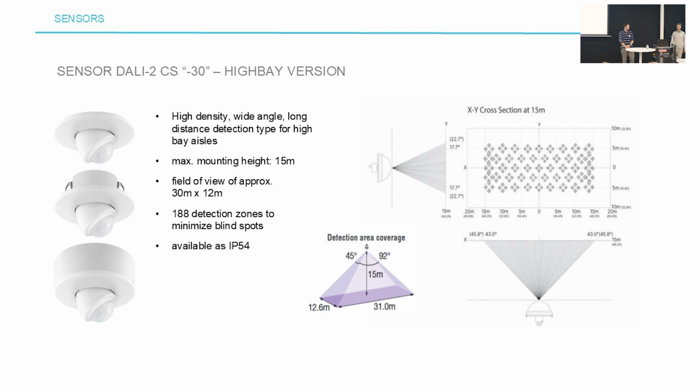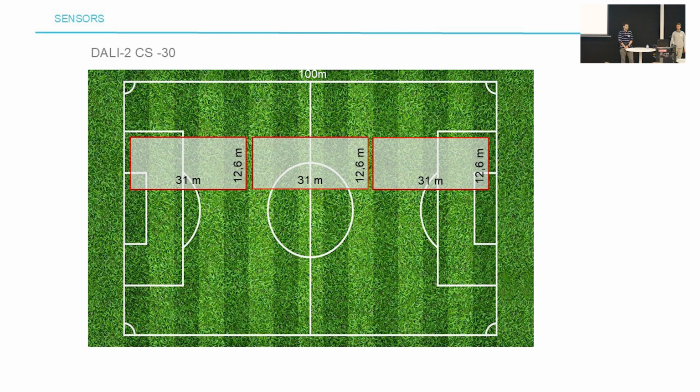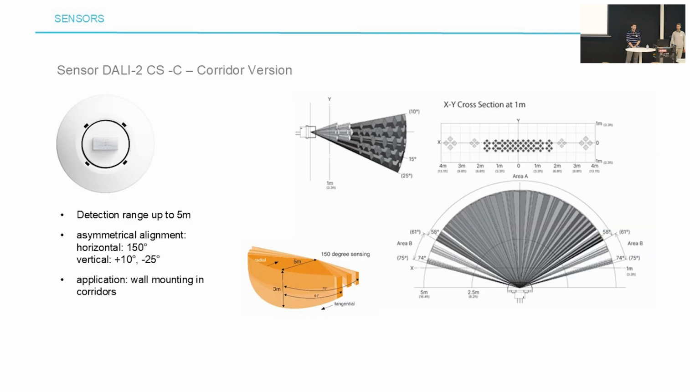It is also available with an IP54 housing, which makes it good for industrial buildings. So here you can see you need about 3 of these sensors to cover the full length of the soccer field. The second sensor I want to talk about is the -C or the corridor version.